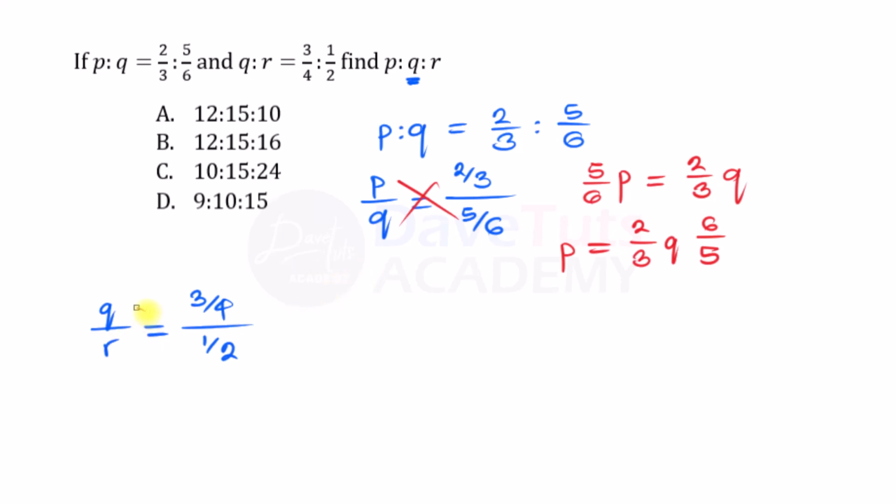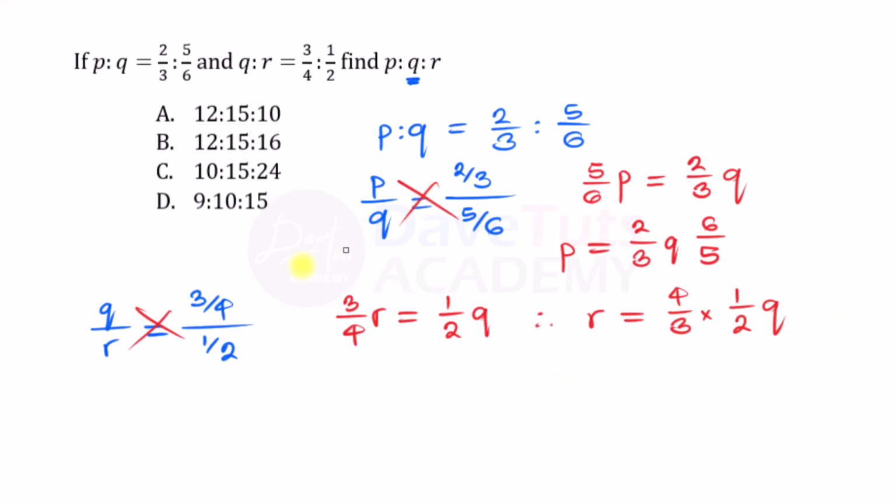I can cross multiply to have 3 over 4 R is equal to 1 over 2 Q, such that from here, I will just repeat to say R now is going to be 4 over 3 multiplied by 1 over 2 Q.